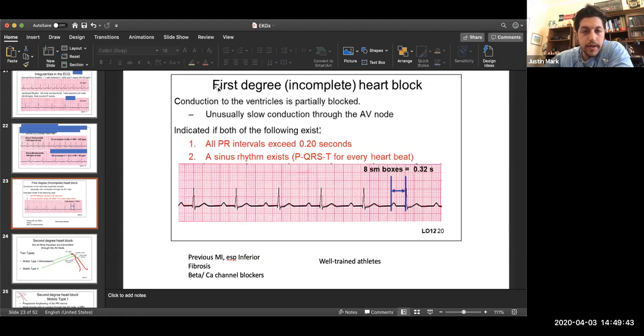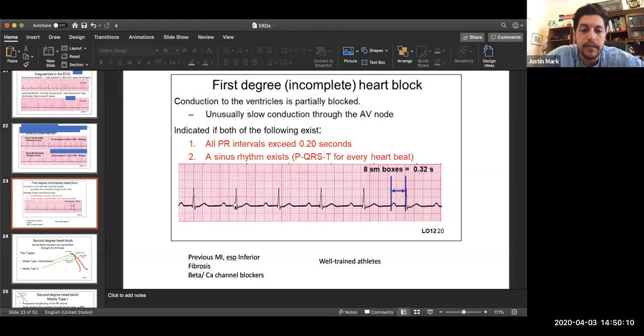Now, the definition of first degree heart block, or incomplete heart block, is this. First of all, we have to have a sinus rhythm. We have to have PQRST for every beat. We also need to have the PR interval exceeding 0.2 seconds. If I calculate the PR interval for any particular beat, I go from here to here.